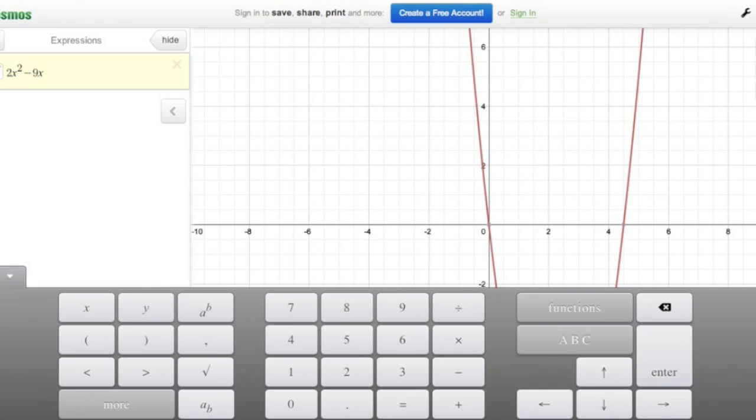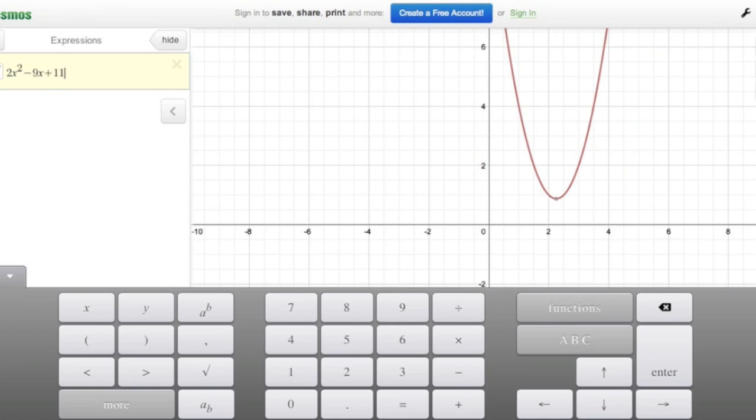As you saw, when I typed in minus 9x, the parabola went down and sort of extended, and that was pretty cool. That's really neat. And now I'm gonna type in plus 11.